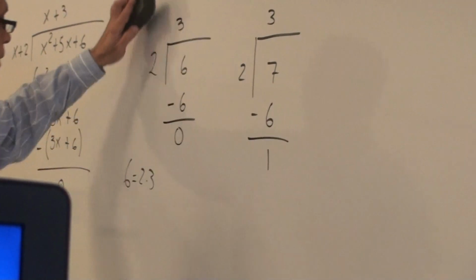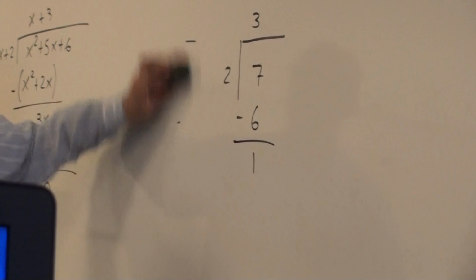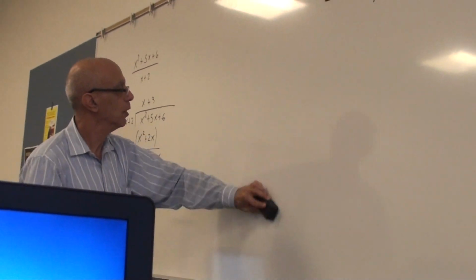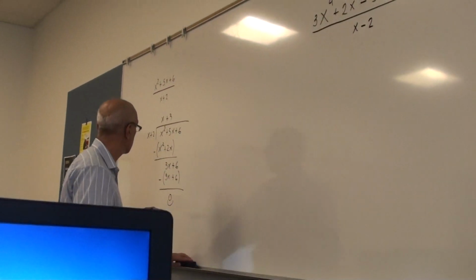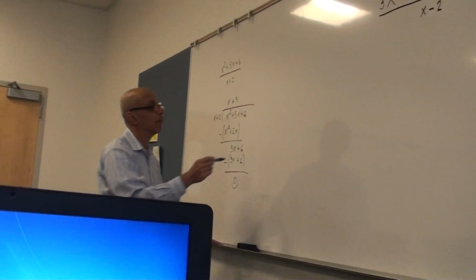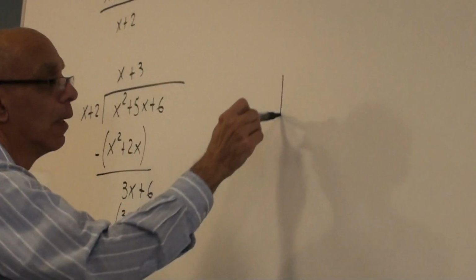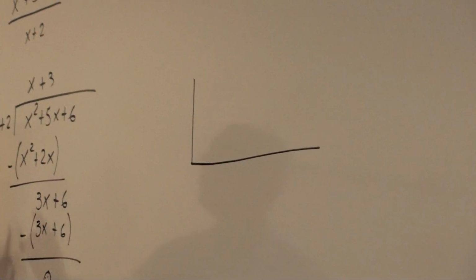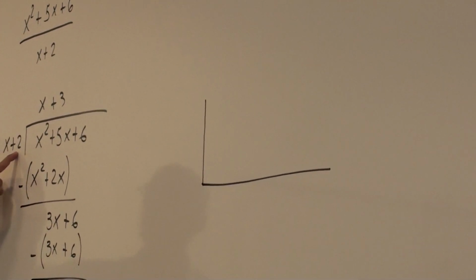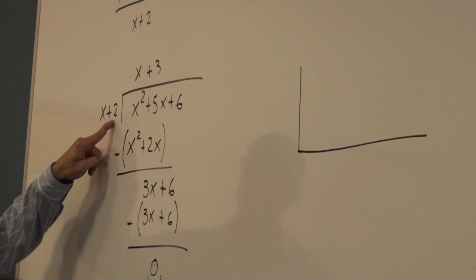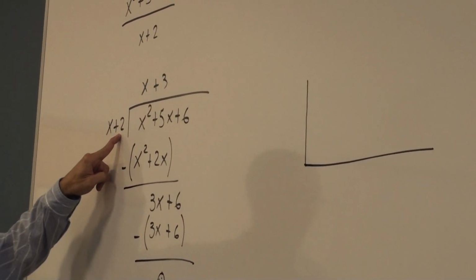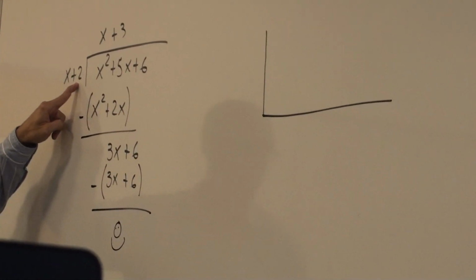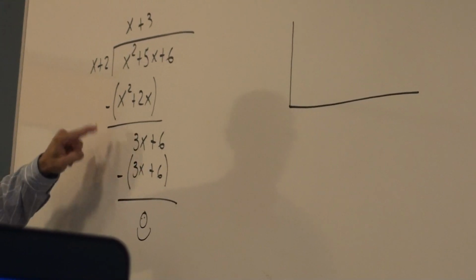So let me erase this, and let's do the synthetic division now. Well, synthetic division, you have to set up like this. Now, you pick up this number 2 here, and you multiply by -1. Why? Because of this negative sign here, okay?